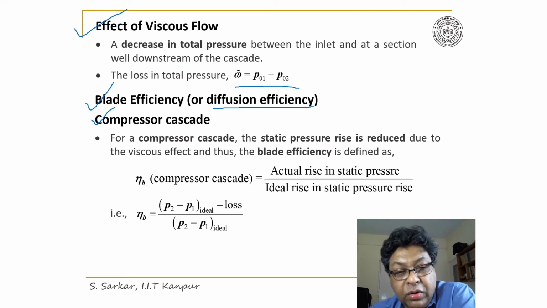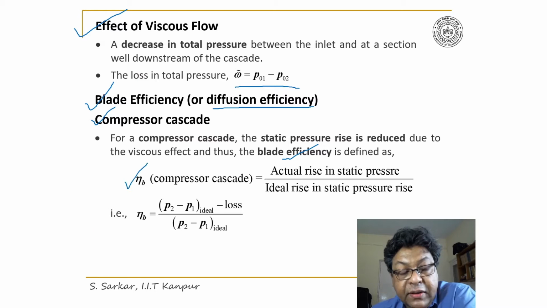We already know that for a compressor cascade there will be a decrease in velocity because the flow will decelerate, and thereby there will be a rise in static pressure. However, this rise in static pressure will be reduced because of viscous effect.